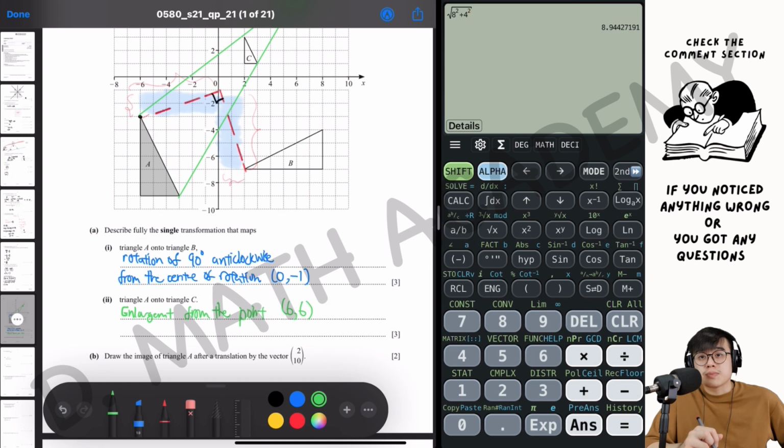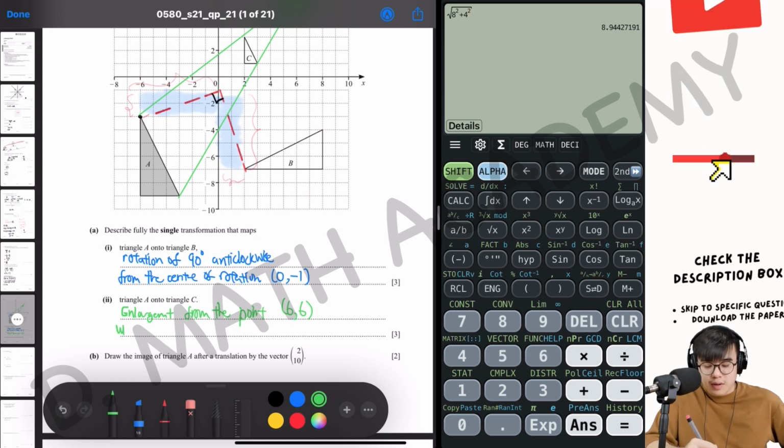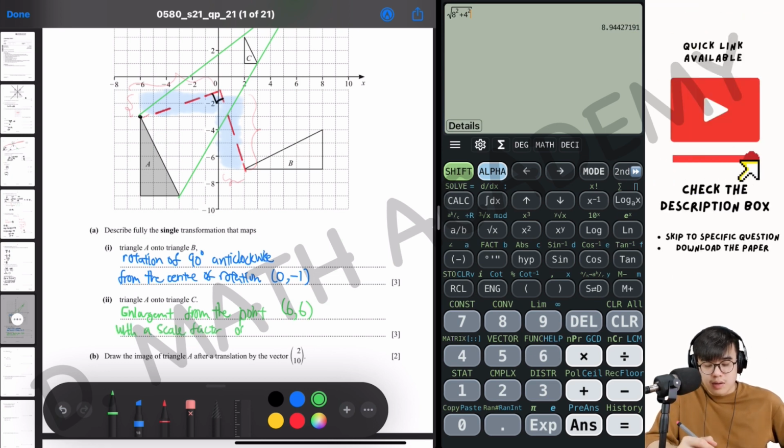Then you have to mention the scale factor here. As you can see, this is actually 6 boxes, and then it was shrunken to become 2 at the end. So it's 6 times something, and then it gets to 2. When you trace it accordingly, you will get 1/3. That's how you get your final answer.